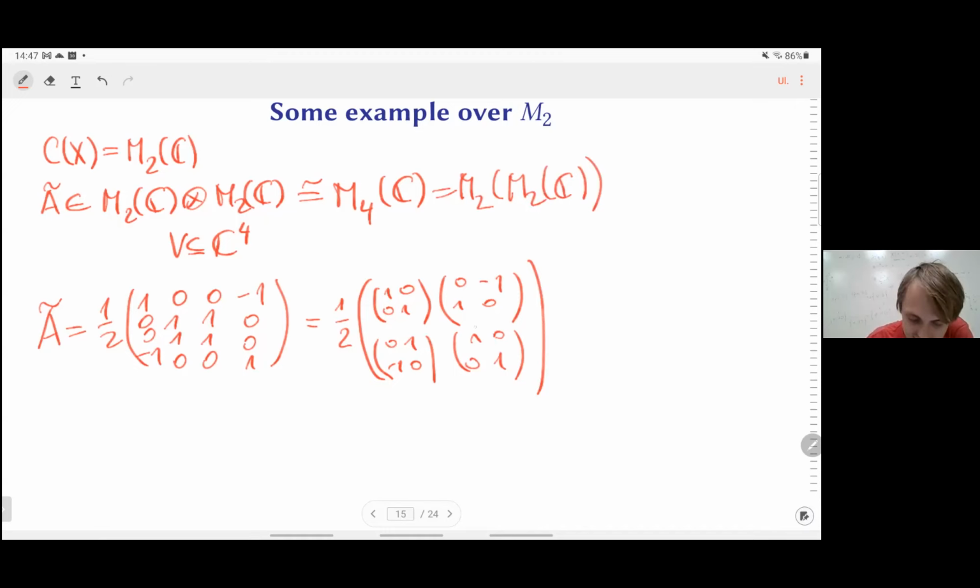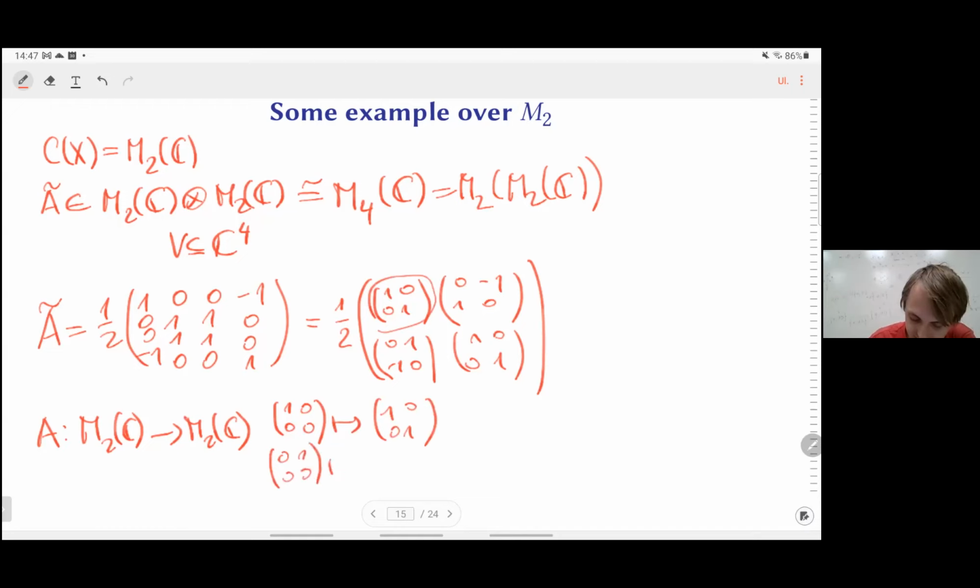I wrote it like this, and it's probably not obvious, but I guess you can believe me that this adjacency matrix, if you do this sort of rotation, is a linear map from M2 of C to M2 of C, which is given by this matrix in the sense that the canonical matrix 1, 0, 0, 0 maps to exactly this thing, so 1, 1, 0, 0.